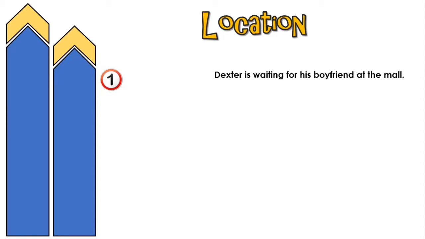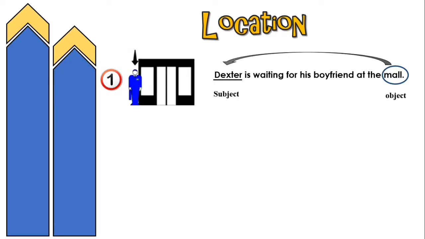In this sentence, the mall is the object of the preposition at that identifies or defines the location of the subject, which is Dexter. We will use the preposition at in this manner if we are referring to a position, place, location, which can be seen as a point of reference. So if we will have this one in illustration, this sentence looks like this.